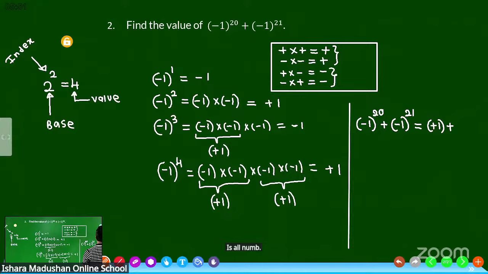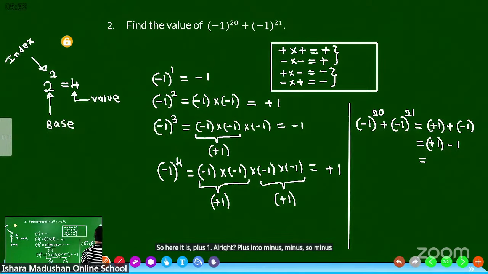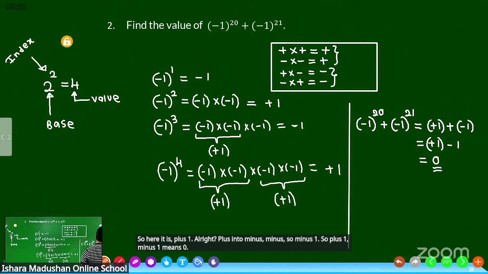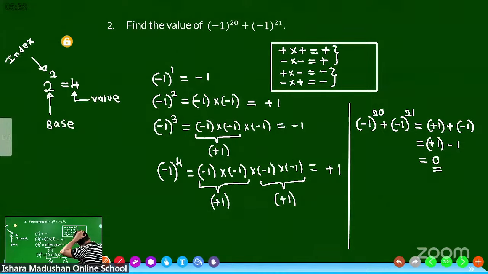So it is minus 1. So here it is plus 1, plus into minus, minus. So plus 1 minus 1 means 0. So the answer is 0.